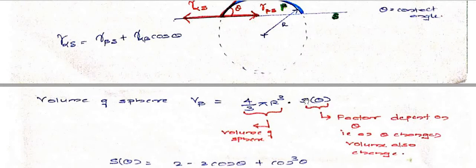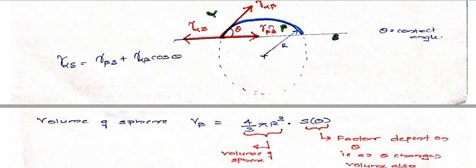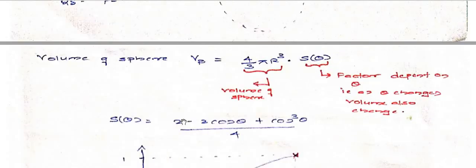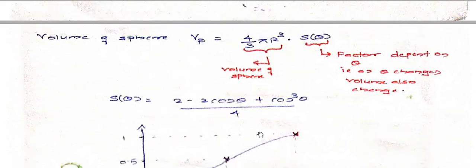As theta changes, this particular volume changes. This is calculated from some other calculations. Just for the time being, understand that the value of S theta is 2 minus 3 cos theta plus cos cube theta by 4.